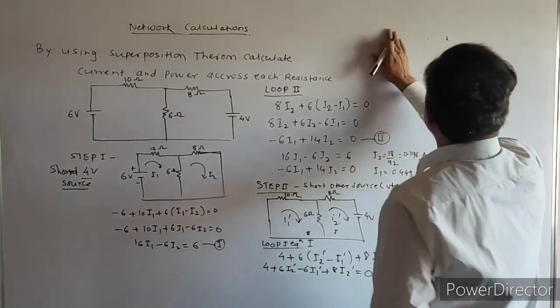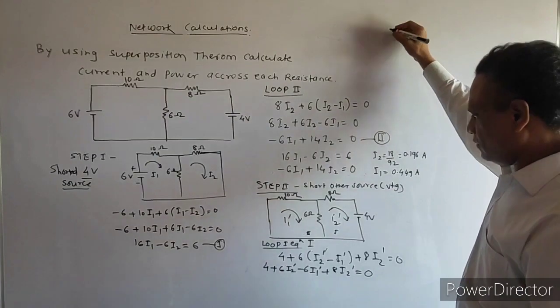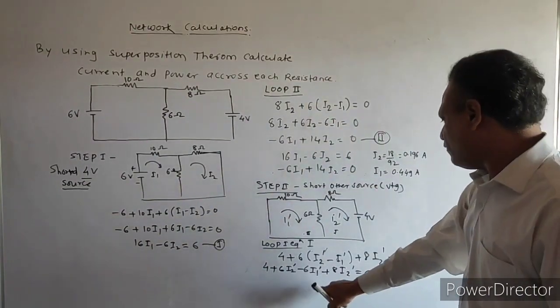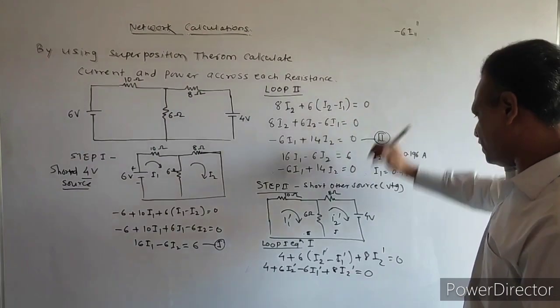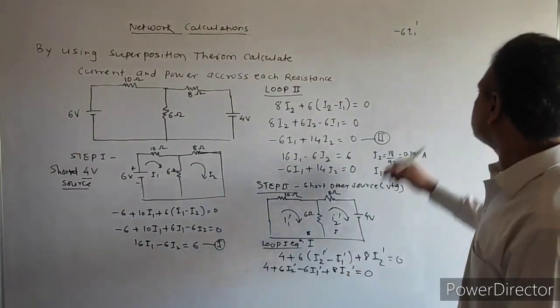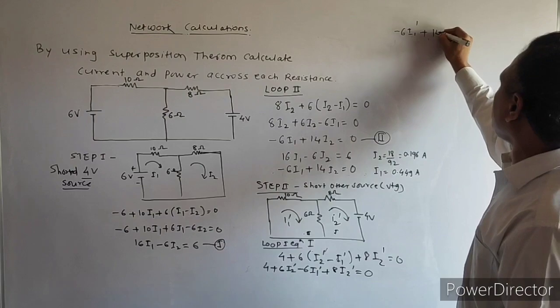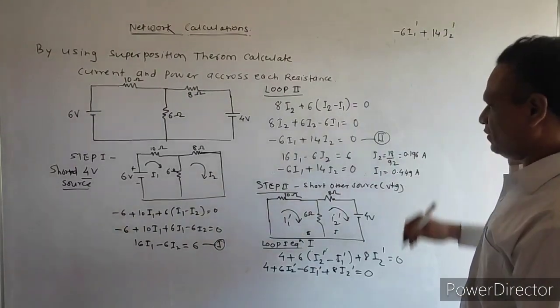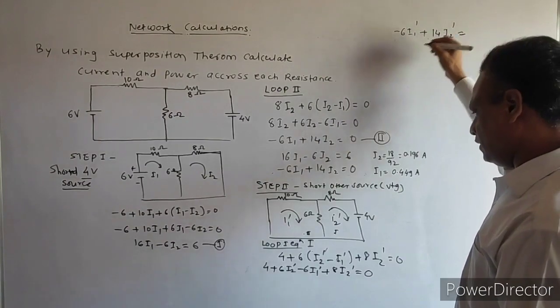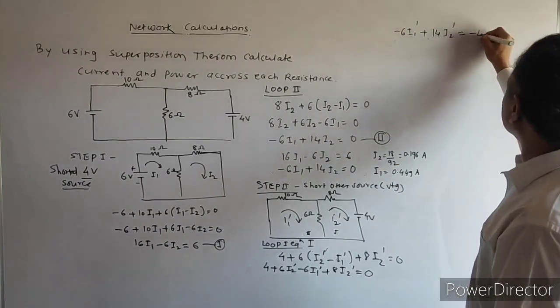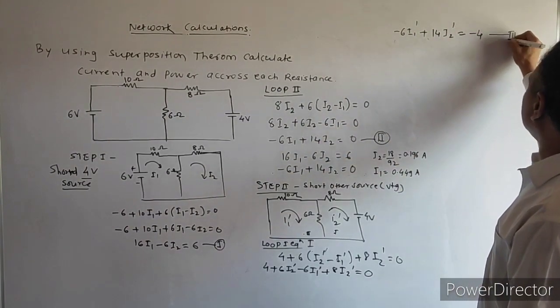Let us write the I1 dash term first: minus 6 I1 dash plus 14 I2 dash is equal to minus 4. So this is again my equation number 3.